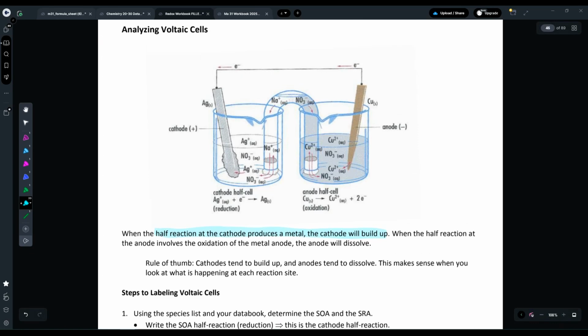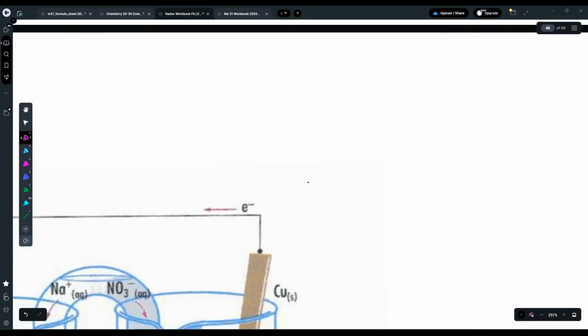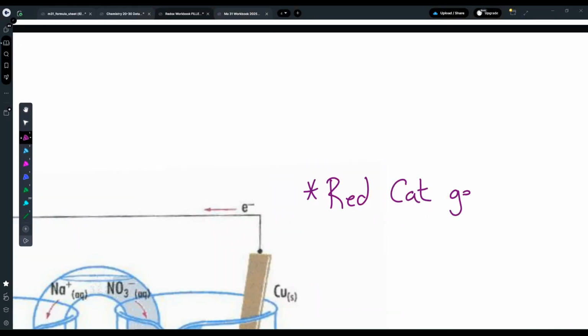Now, how I like to remember that is this little mnemonic device or memory device. So red cat gets fat.